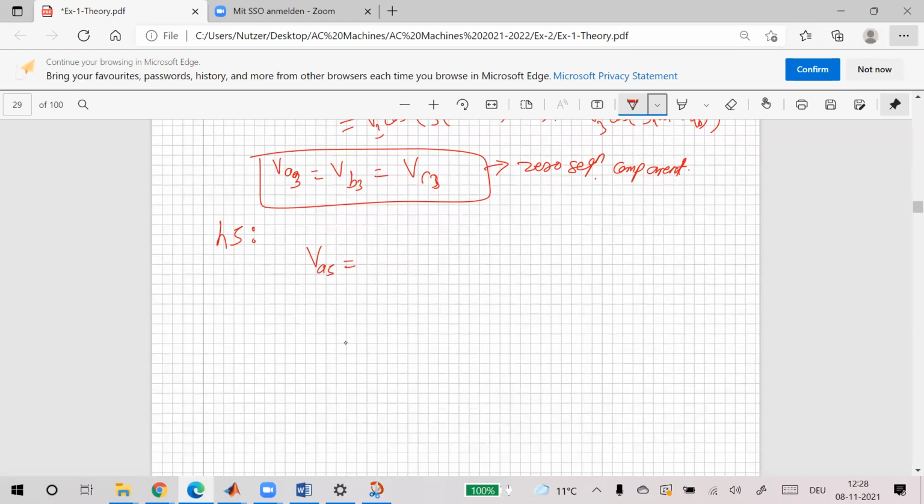So VA5 is equal to V5 cap cos 5 omega t plus phi naught, and VB5 is your V5 cos 5 omega t plus phi naught minus 2 pi over 3.